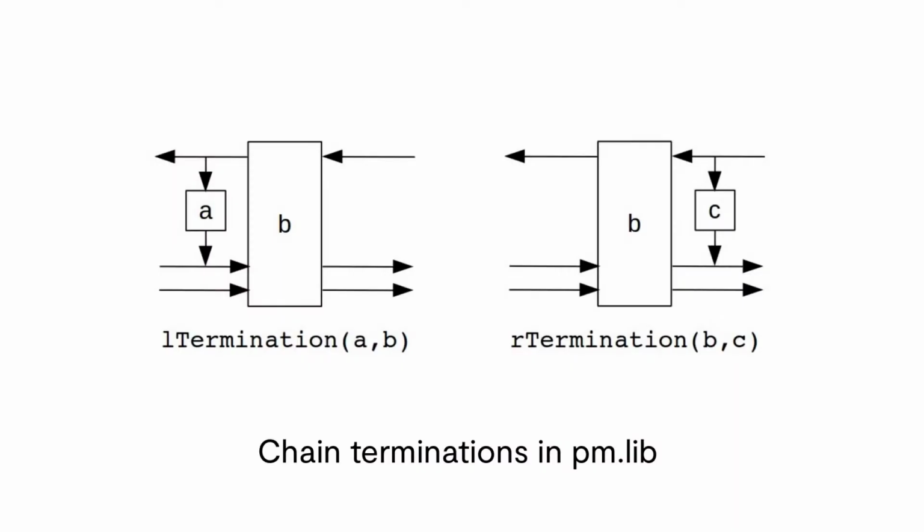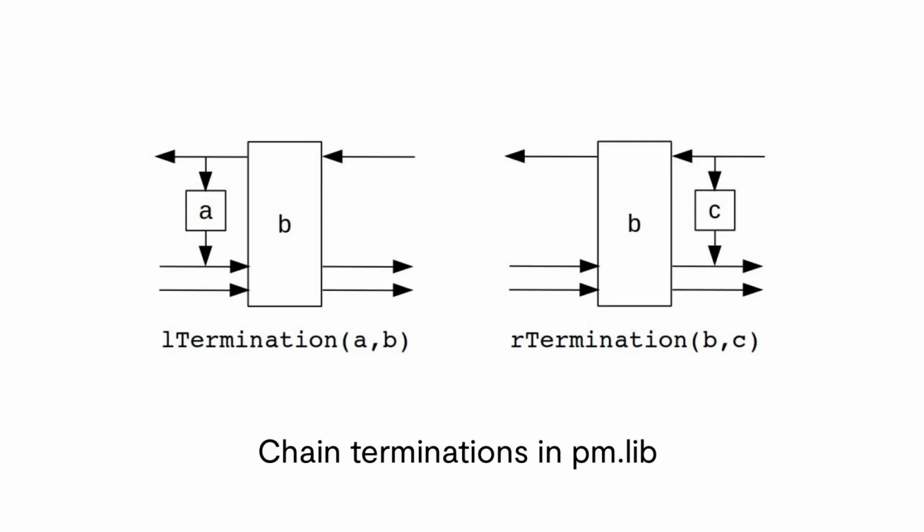You have those 2 terminations, the -1 and -g, and eventually you want to be able to add that to your algorithm. The way you do that in the Faust Physical Modeling Library is by using the lTermination and rTermination functions. You can see here on the slide how they work.